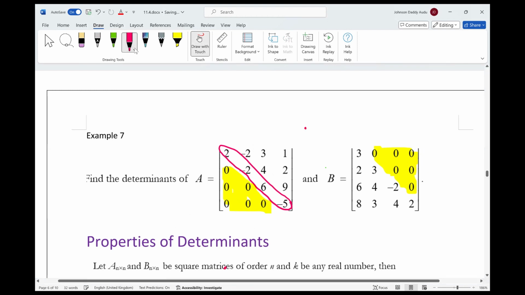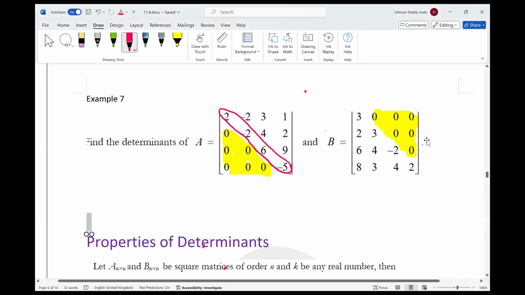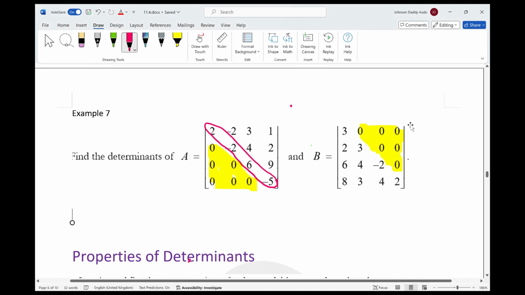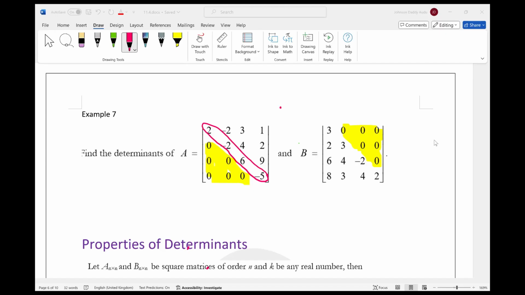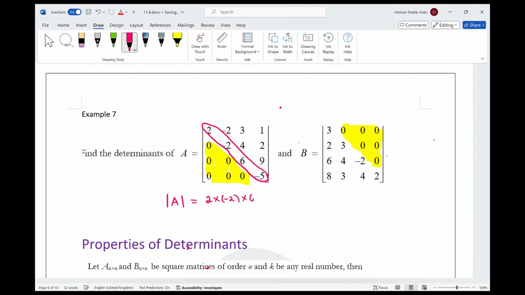If you want to find the determinant of this matrix A, the determinant of A is just going to be 2 times -2 times 6 times -5.